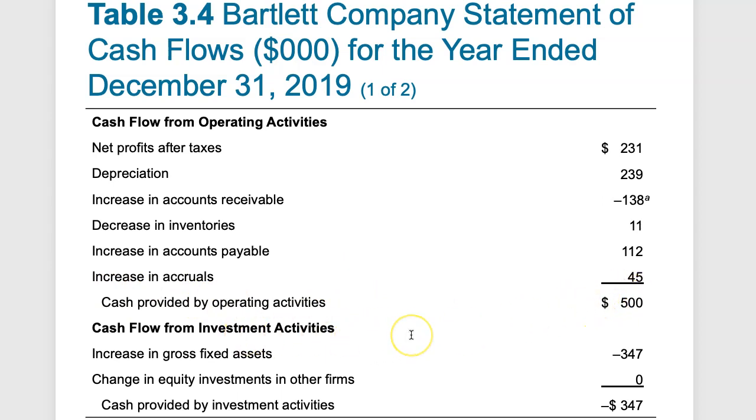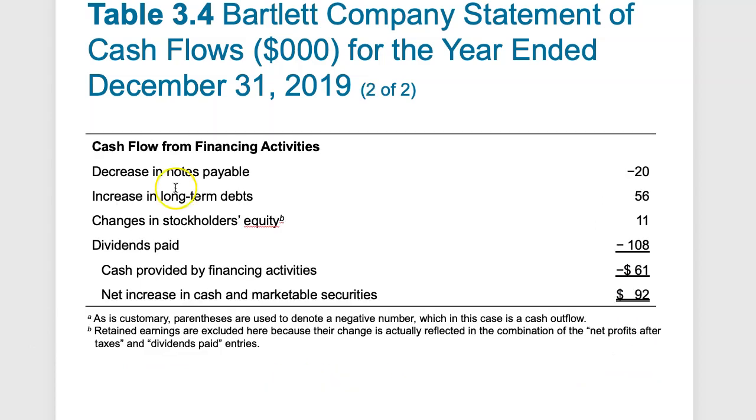Now, our investing activities is when we take our cash and we buy things like assets, fixed equipment. We may be buying land or buildings. So this is going to be a decrease in cash flow if we're buying fixed assets. Now, financing activities: if we pay back our borrowed money, like we pay back some notes payable, it decreases our cash flow.